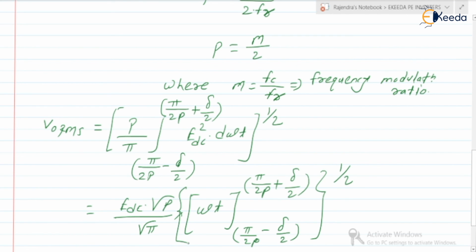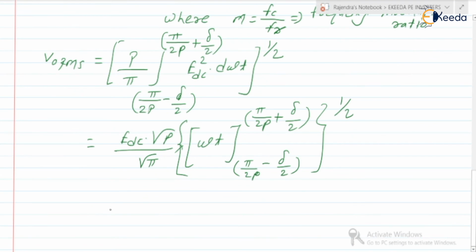So it is EDC into root P by root pi into the bracket: pi by 2P plus delta by 2 minus pi by 2P minus delta by 2. The pi by 2P terms get cancelled, and delta by 2 plus delta by 2 gives delta, to the power 1 by 2.